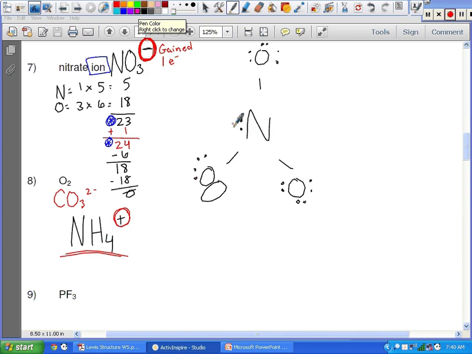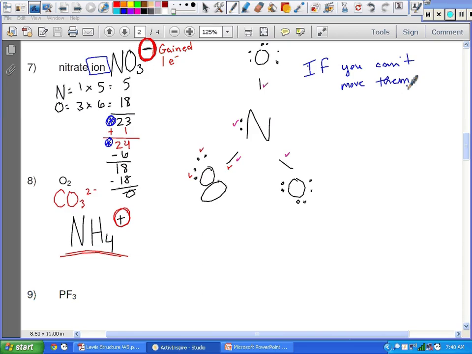So here's my phrase. And no matter what oxygen you do it with, this is going to happen. If you can't move them, then share them. If you can't move them, then share them. And what in the world do I mean by this?